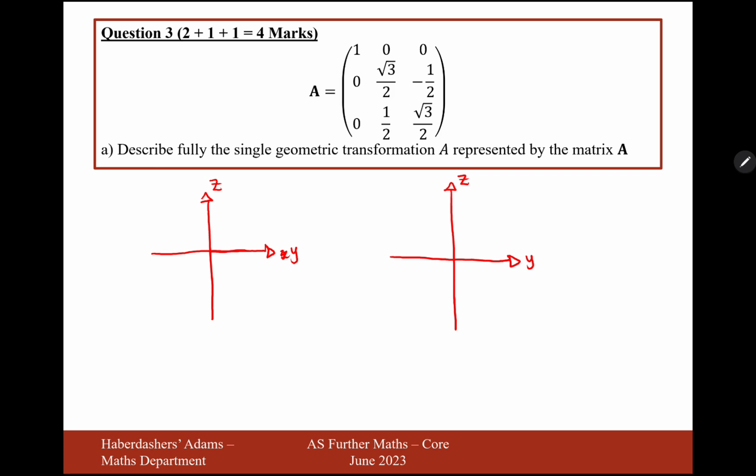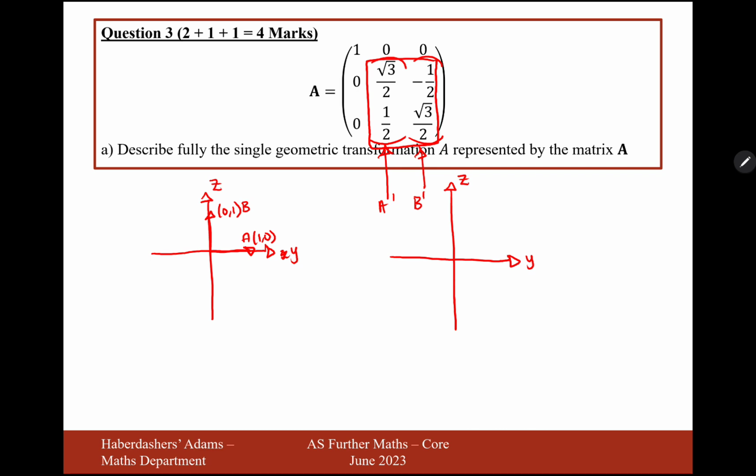So let's start off with a base set of coordinates on the YZ set of axes, and then it's going to be these two coordinates, looking at them vertically, is where they're going to end up. So we're going to call these coordinates A and B. Coordinate A is going to end up at that coordinate there, and coordinate B is going to end up at this coordinate here.